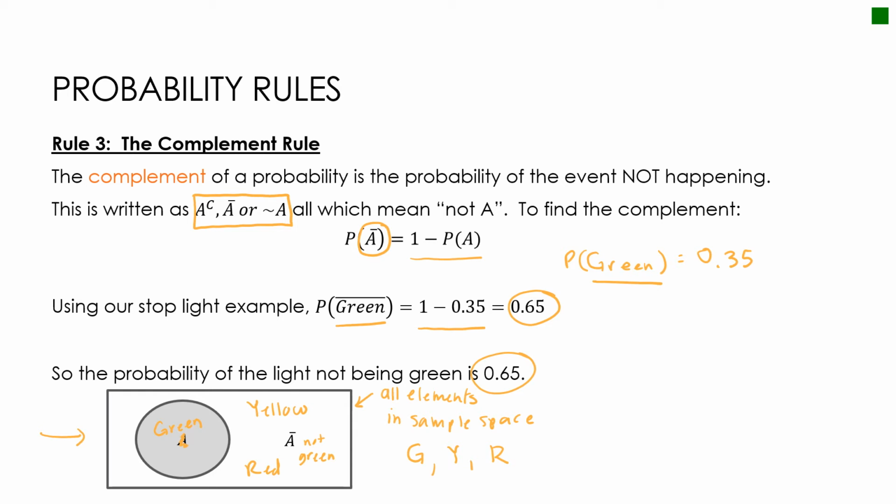And so that's all of this together inside the box. That always has to add to 1, again, because that's the whole sample space. All of the elements in the sample space, they add to 1.